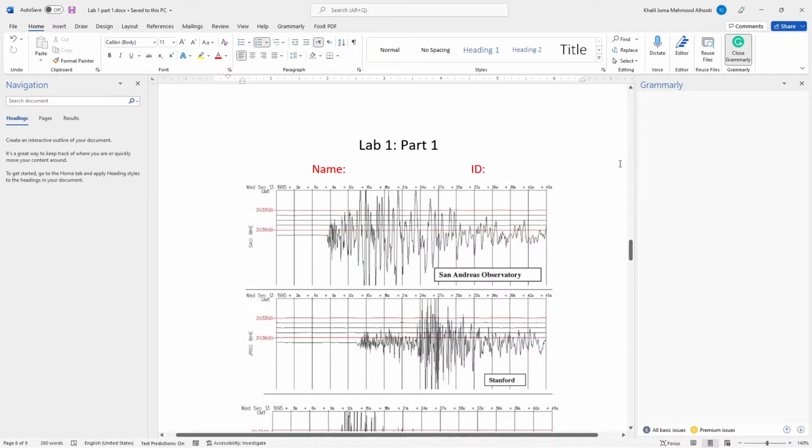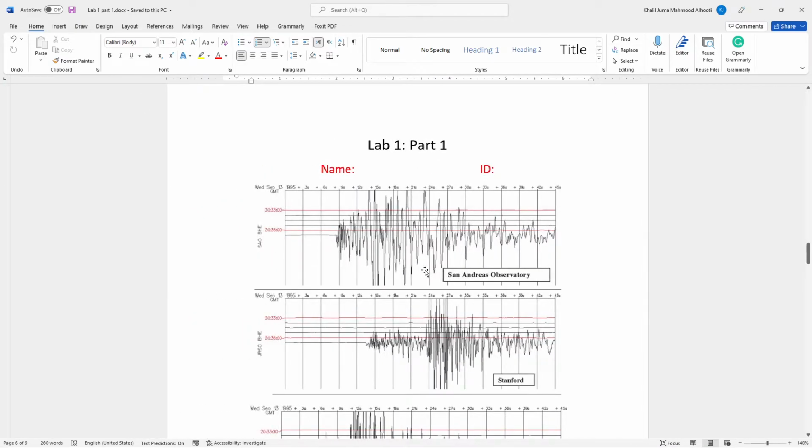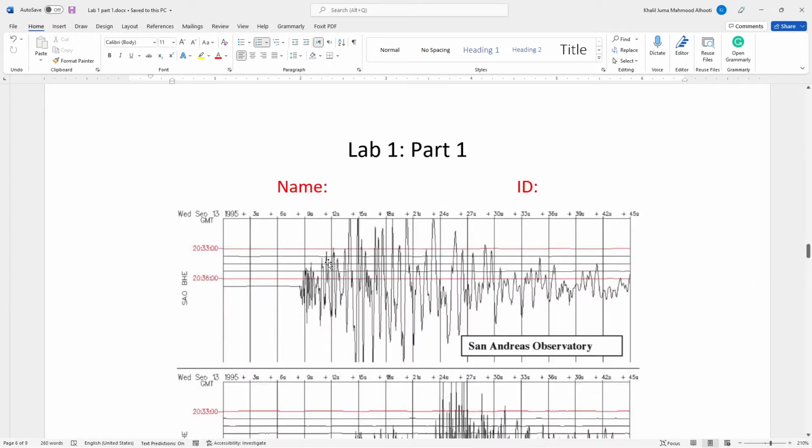So how can you read this information? Let's take the San Andreas Observatory and try to find where exactly the P time and S time are. So for P time, this is the onset of shaking. And that's the onset of the P wave arrival. And I can locate it exactly by reading the time axis.